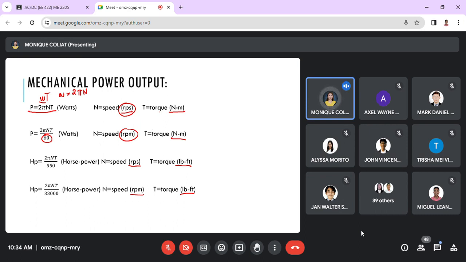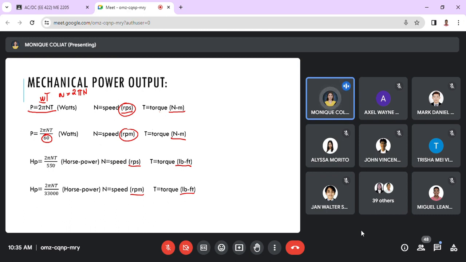Okay, so we have now in terms of horsepower naman. So we have 2 pi nT over 550, that is in horsepower, when your speed is in terms of RPS and your torque is pound-foot.